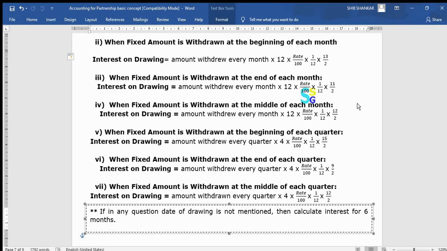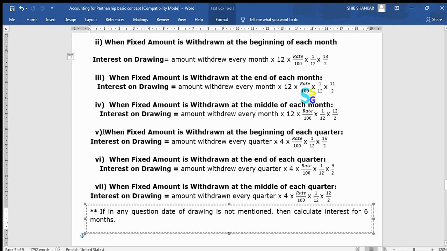In the same way, if the partners withdraw the amount at the middle of each month, again the interest on drawing is equal to the amount withdrawn every month into 12 into rate by 100 into 1 by 12 into 12 by 2. How is it 12 by 2? I will request you to find it out how you can get 12 by 2 here. Think about that calendar and I am sure that you will get it.